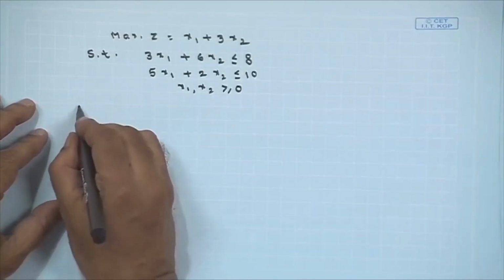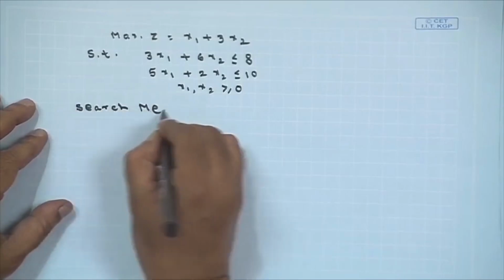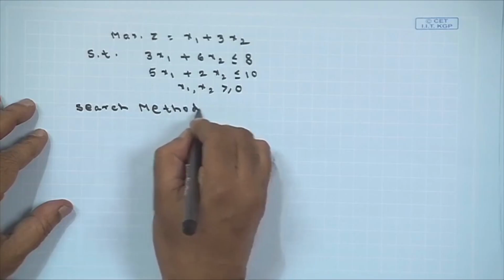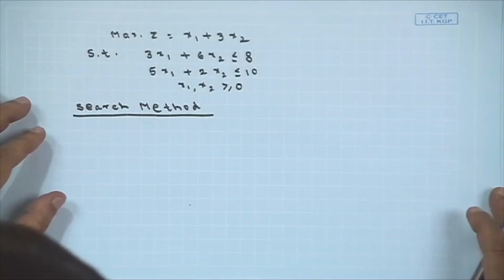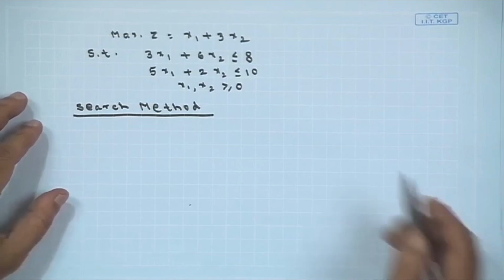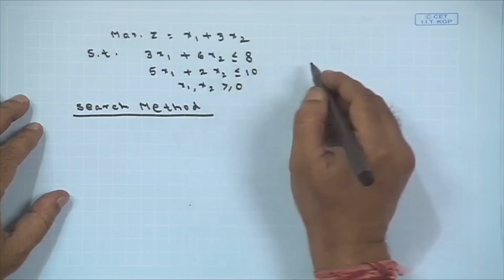First let us do this problem using the search method, then we will see the same problem with the ISO profit method. In the search method, first we convert the inequations into equations.